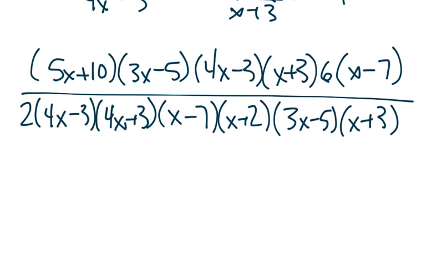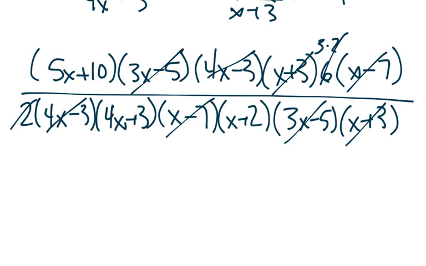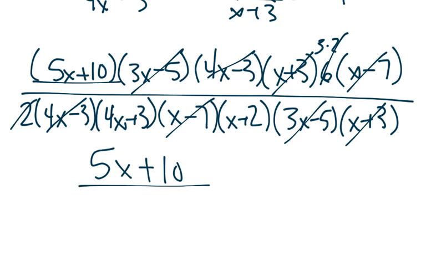Alright. Whew, a lot of work, huh? Now what's on the top and the bottom? Those cancel. 4x minus 3 cancels. 3x minus 5 cancels. x plus 3 cancels. 6 is like 2 times 3, so the 2's cancel. So I'm left with 5x plus 10 on the top over 4x plus 3 times x plus 2.